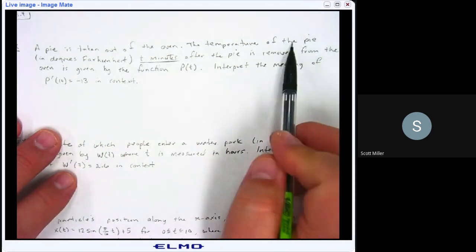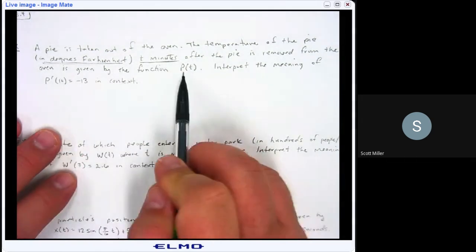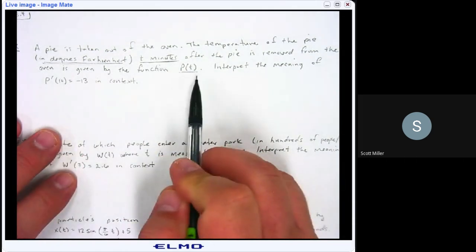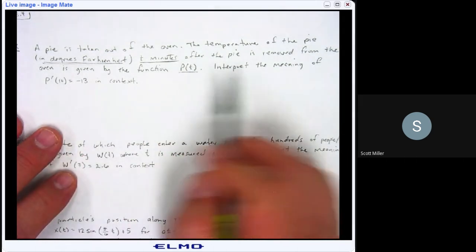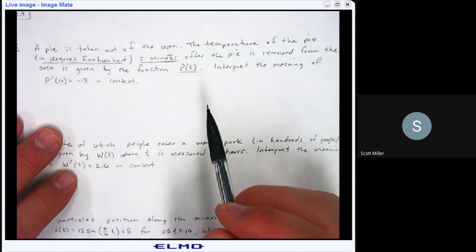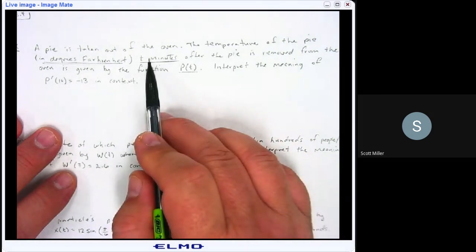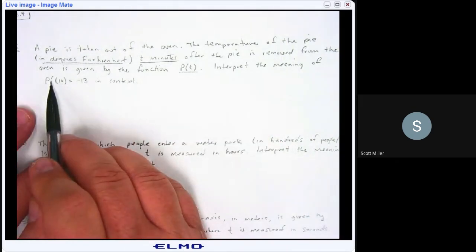The temperature is in degrees Fahrenheit. And this function is the temperature of the pie as it's been removed from the oven in degrees Fahrenheit. So p of t is in degrees Fahrenheit. t is in minutes. So what is our units going to be? So what is this going to be?